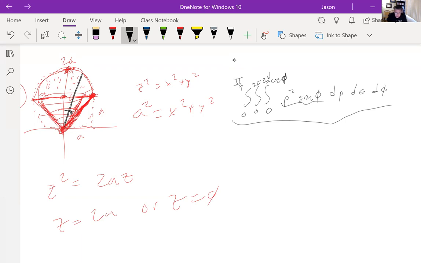I don't remember what the dimensions were before, but as soon as you plug this a in, you can pull that a all the way out to the very front.